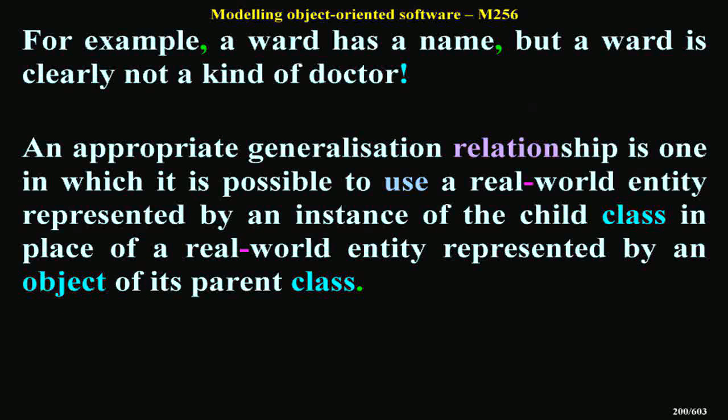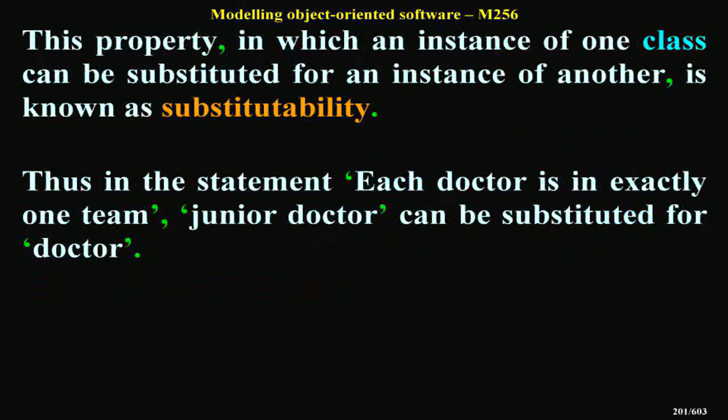An appropriate generalization relationship is one in which it is possible to use a real-world entity represented by an instance of the child class in place of a real-world entity represented by an object of its parent class. This property, in which an instance of one class can be substituted for an instance of another, is known as substitutability. Thus, in the statement each doctor is in exactly one team, junior doctor can be substituted for doctor.